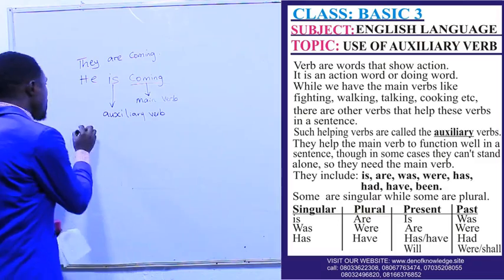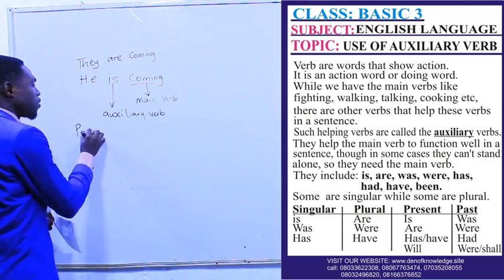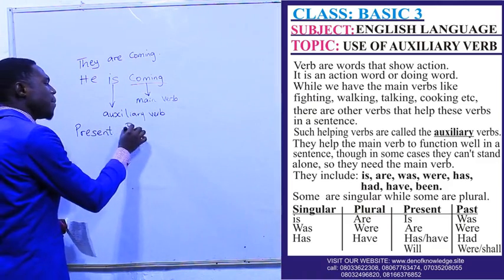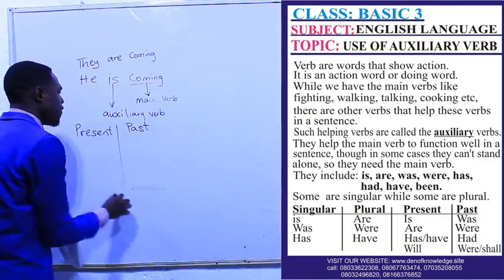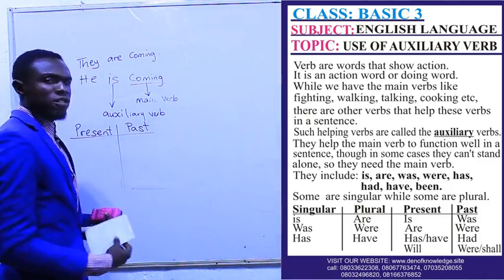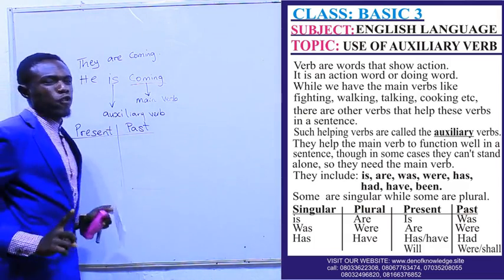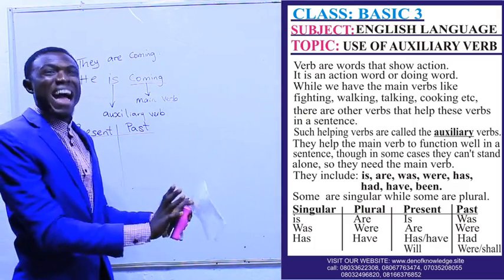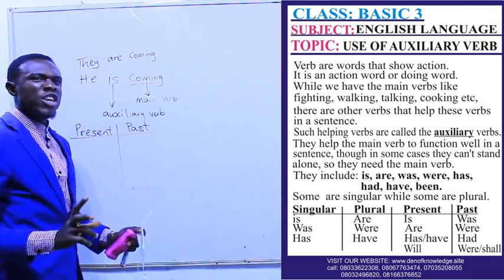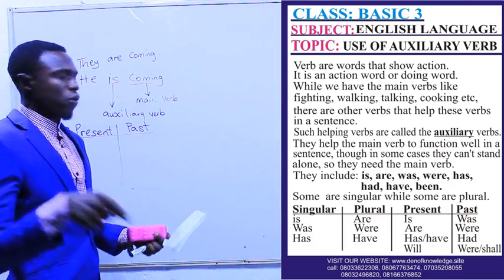Therefore, we have present auxiliary verbs and past auxiliary verbs. Now remember, present auxiliary verbs only support present actions, while past auxiliary verbs only support what? Past actions. If you mistake them, you are wrong.